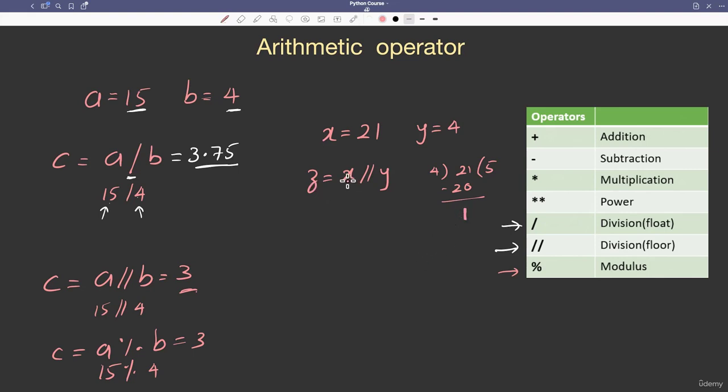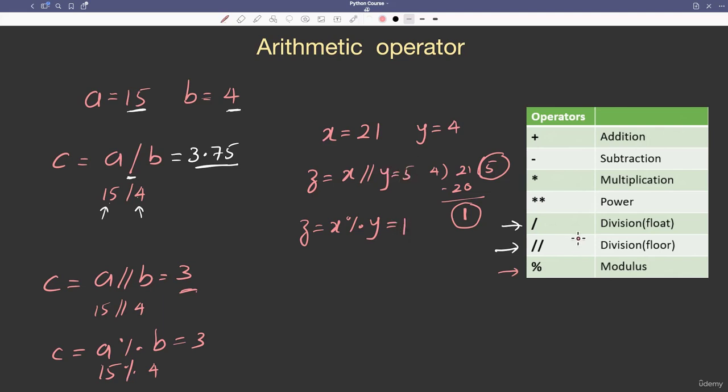So what is the answer of x floor division y? The answer is 5. And what is the result of x mod y? x is 21, y is 4. Then mod is what? This one, remainder. So the mod operator gives the remainder. So the result of this one is 1 and the result of this one is 5.